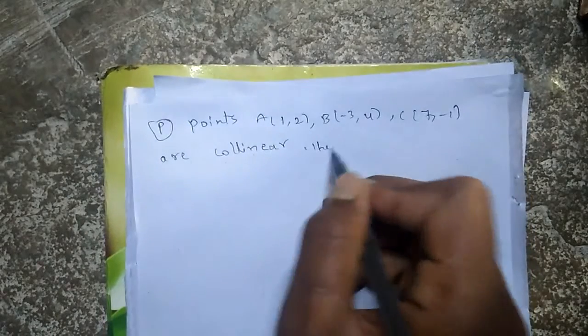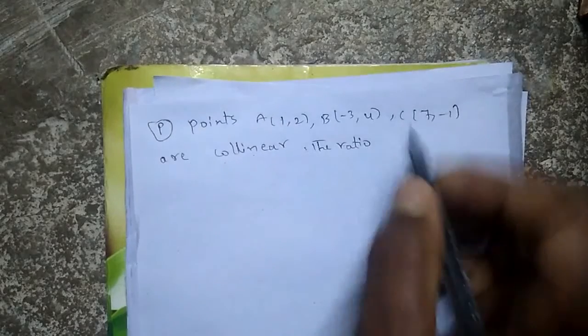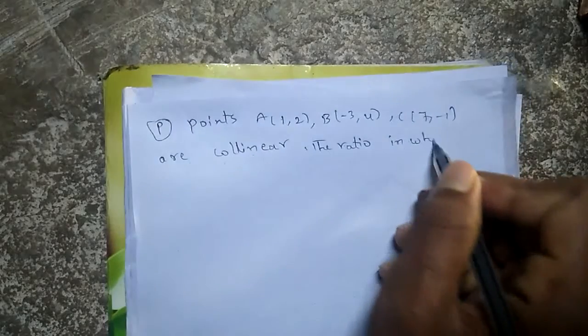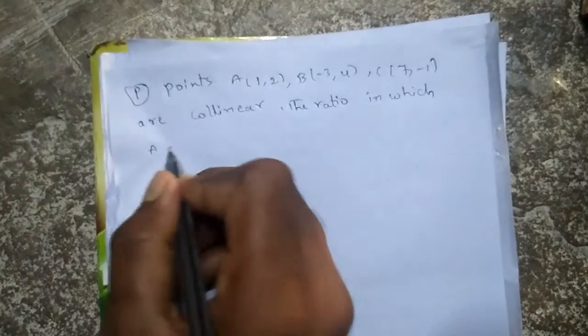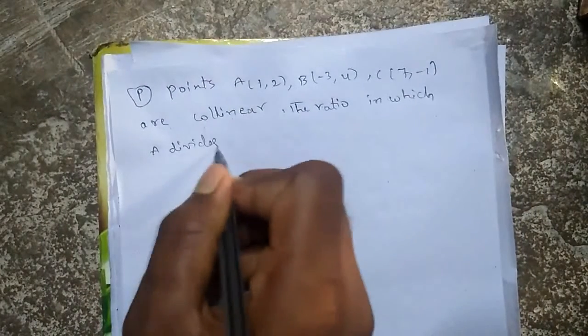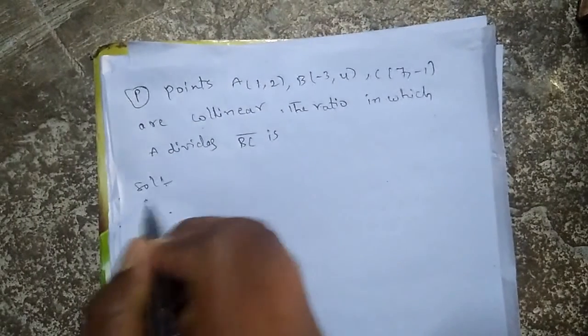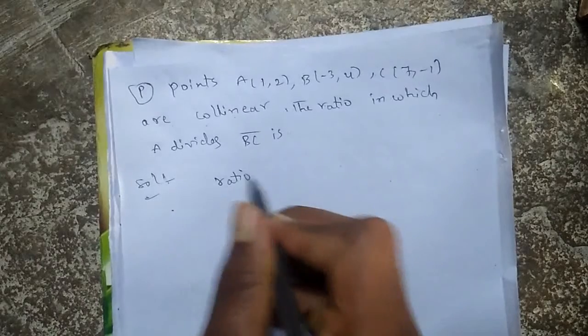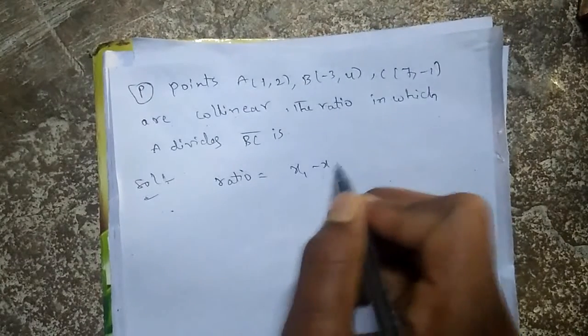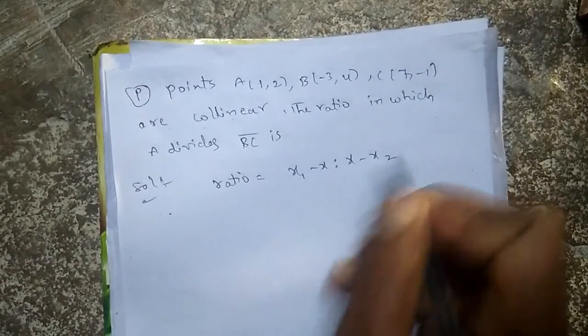Then the ratio in which A divides BC is, the required ratio is (x1 minus x) is to (x minus x2).